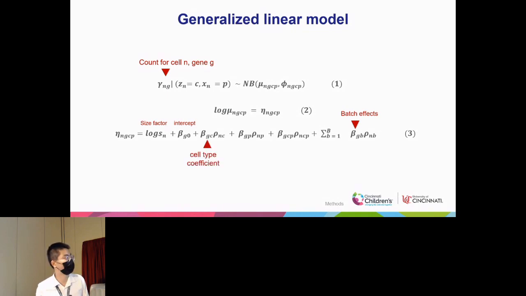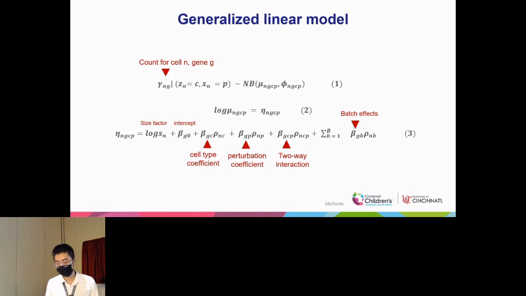We also model other biological covariates like beta GC, which is a cell type coefficient, and beta GP, which is a perturbation coefficient. In addition, we make it an interaction model, which means we consider the interaction between cell type coefficient and perturbation coefficient, and we call it beta GCP.